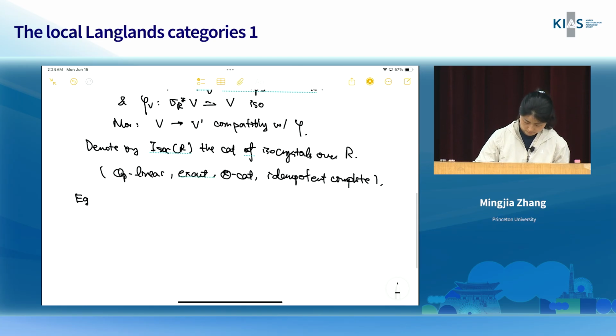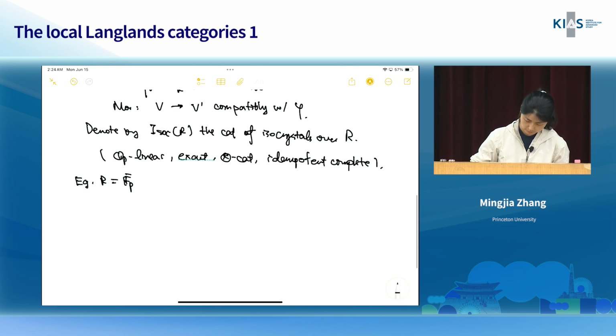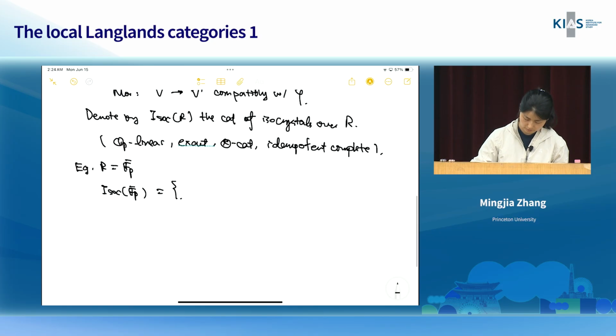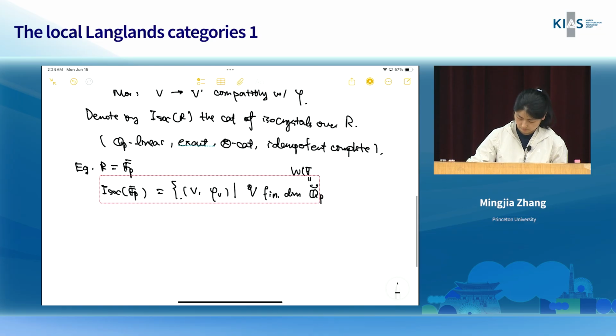Okay, so the very first example is when R is just F_p bar, then we see that isocrystals over F_p bar are just given by finite dimensional Q_p breve vector spaces. So this is the Witt vector of F_p bar with p inverted.